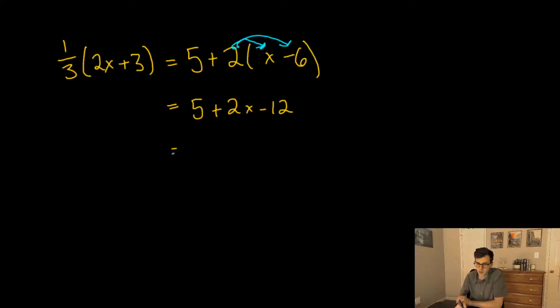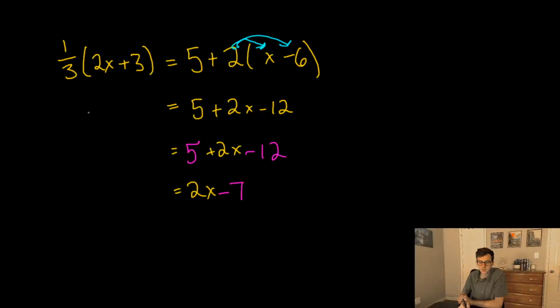Simplifying that again, these are my like terms that I can combine. 5 minus 12 is negative 7, so we're left with 2x minus 7. That's why it's important to keep that negative, because otherwise we might forget that it's negative 12 instead of just 12.